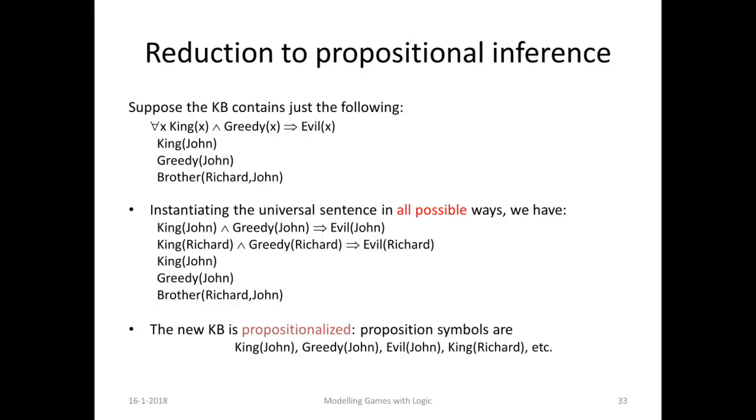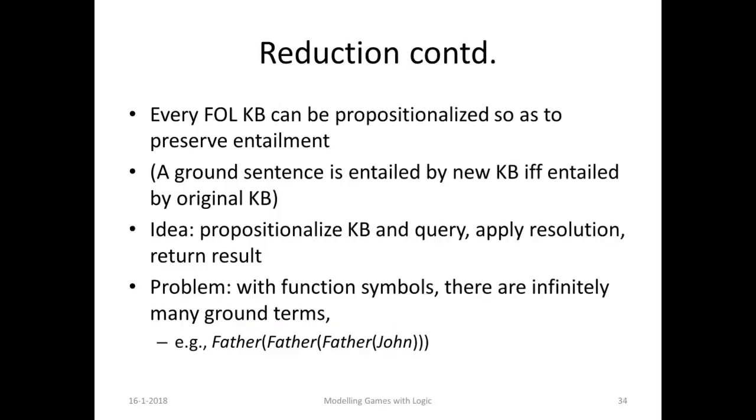So if John is king, this is one proposition. As written down here, the propositionalized symbols are now King John, Greedy John, and to be sure that I understand the difference, I usually leave out the brackets to make it more readable.